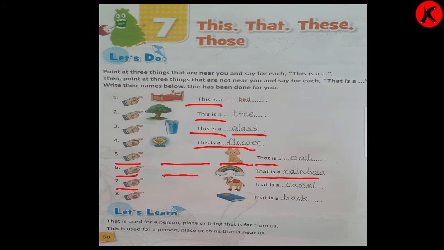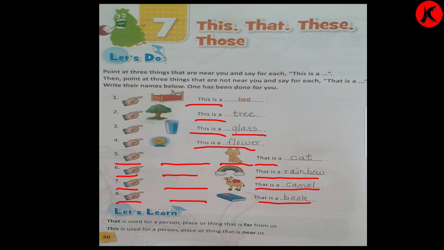Again the picture is pointing, but it is very far. So what will you say? That is a camel. Again you will point the finger. You can see the picture, but the picture is far off. So what will you say?